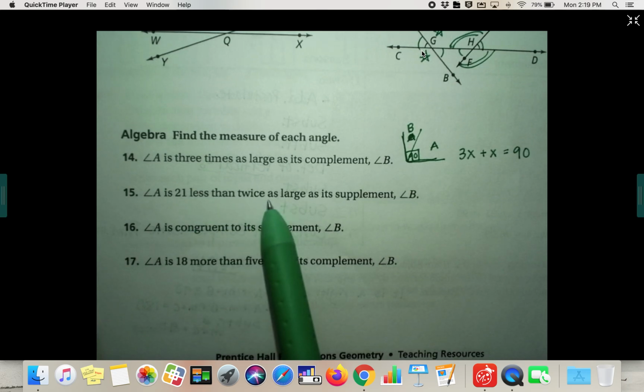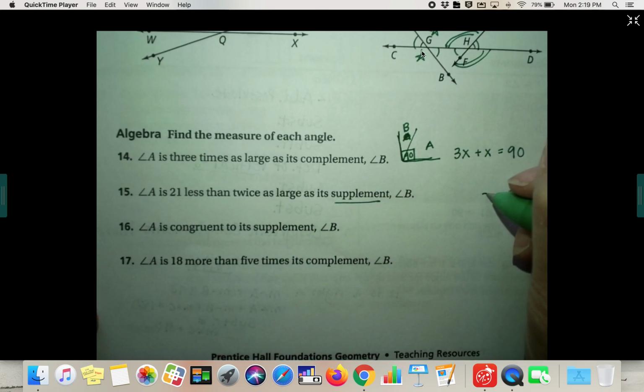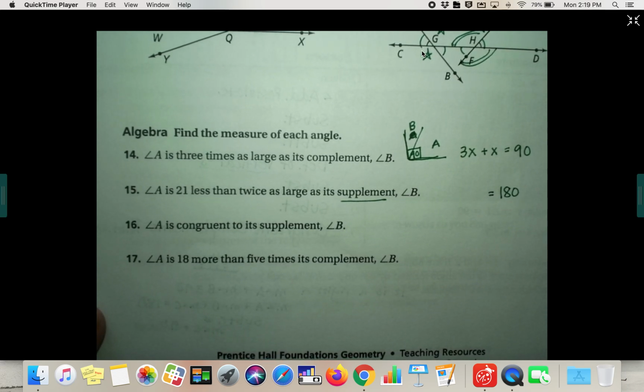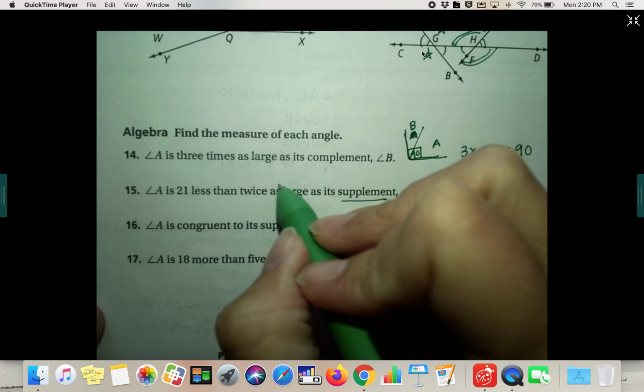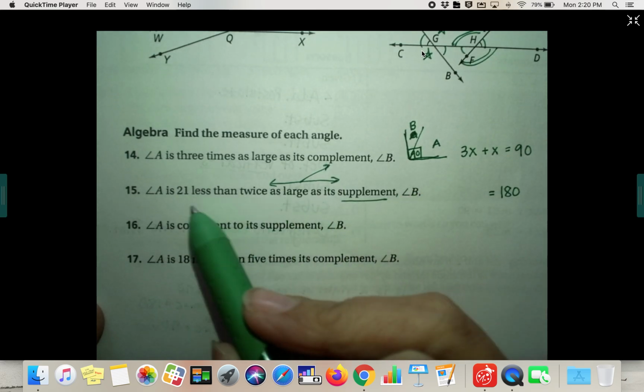Angle A is 21 less than twice as large as its supplement. So I would start by saying its supplement, the pair together, is equal to 180. Here's your straight line, because it's the supplement.